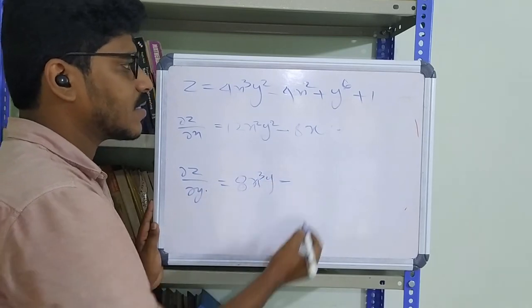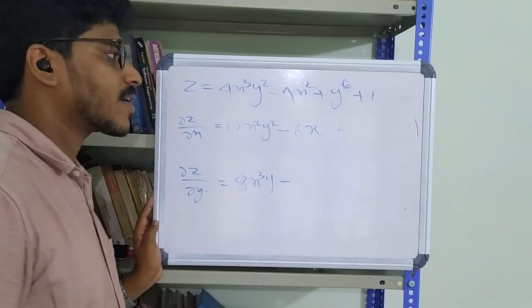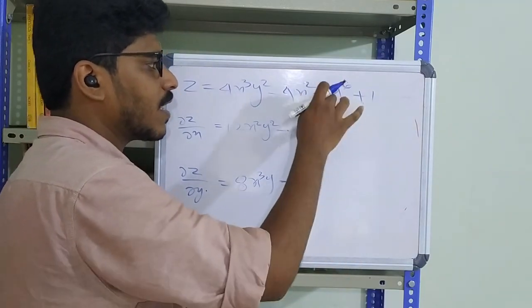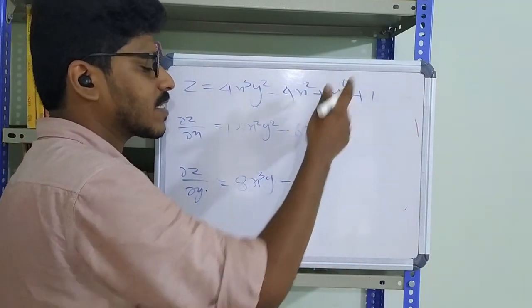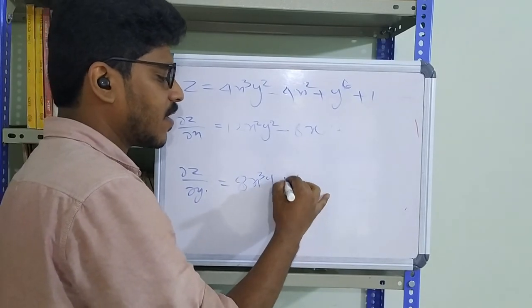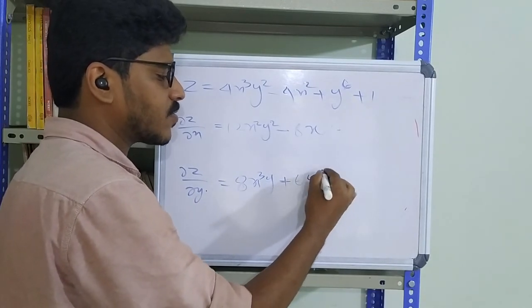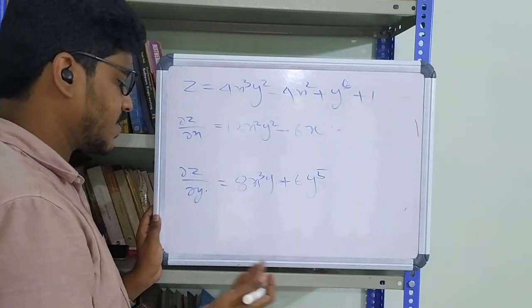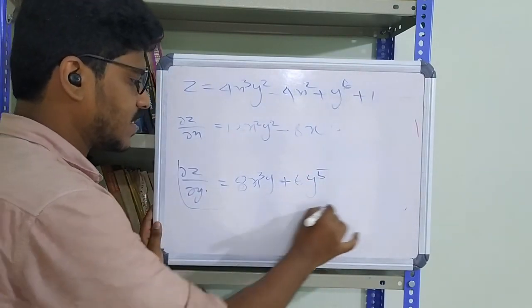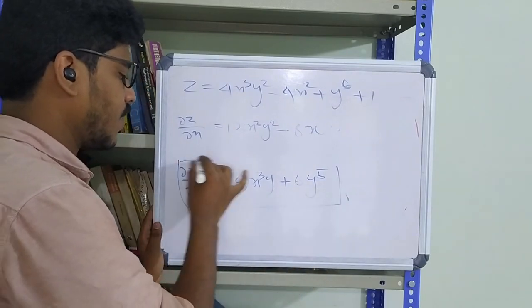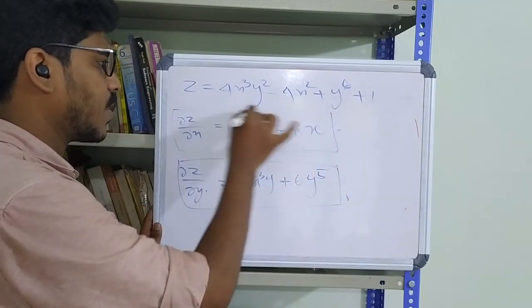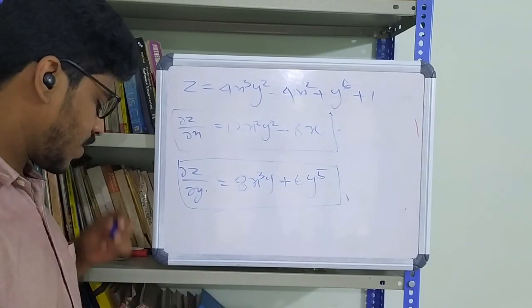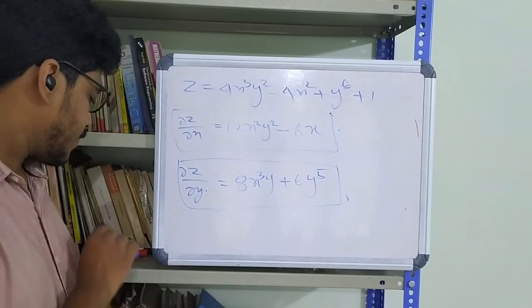Minus, if x is a constant, x square and 4x square are constants, so with respect to y the derivative will be 0, and y raised to 6 will have the derivative 6y raised to 5, and 1 is again a constant which has a derivative 0. So this is ∂z/∂y, and this is ∂z/∂x. This is how we find the partial derivatives with respect to x and with respect to y.